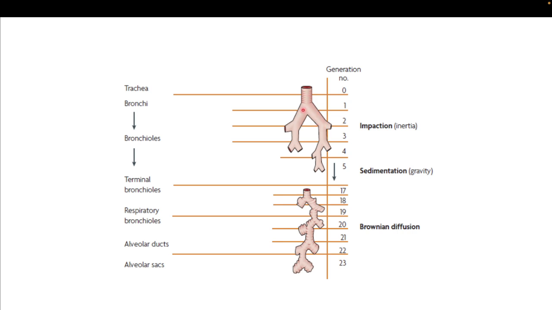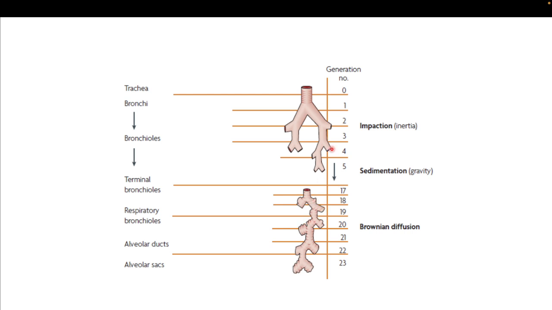If your particles are around 20 micron, they'll impact here and be trapped in this mucus layer. Most of these particles will remain in your mouth or throat area and in these larger airways, and won't be able to reach the alveolar region here.